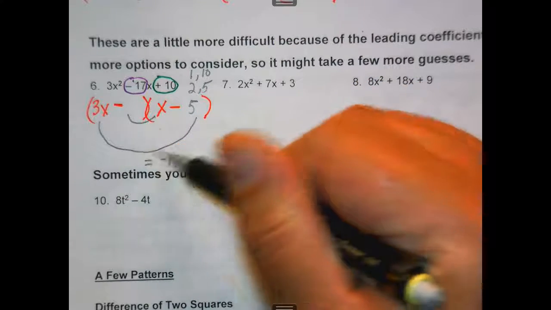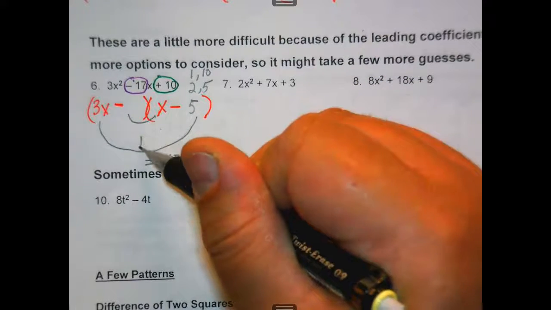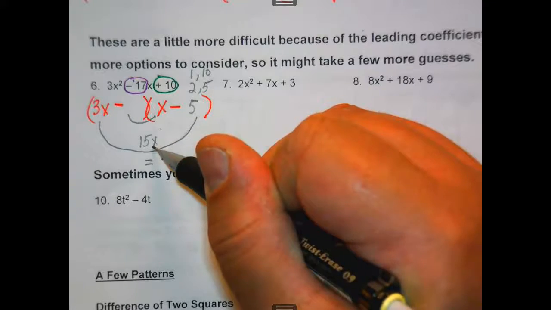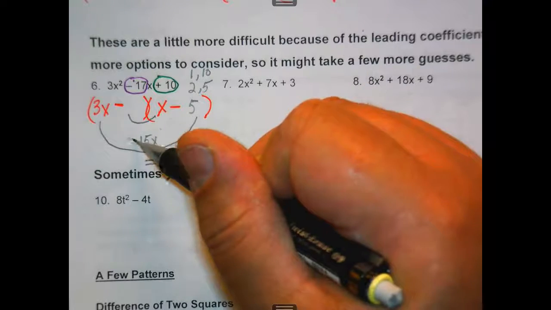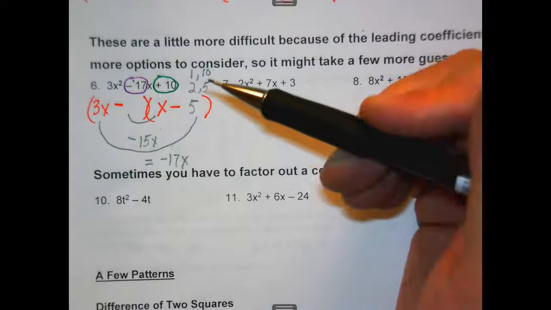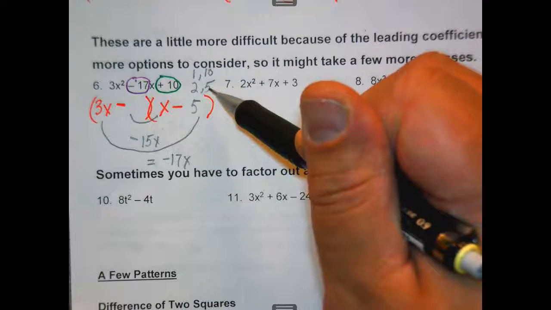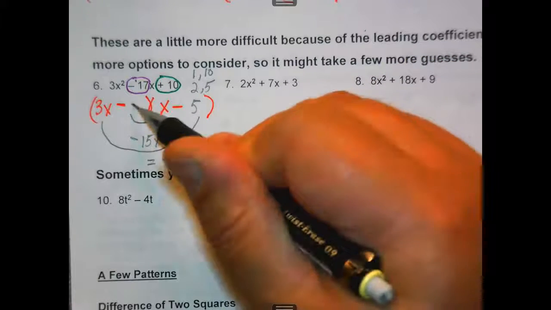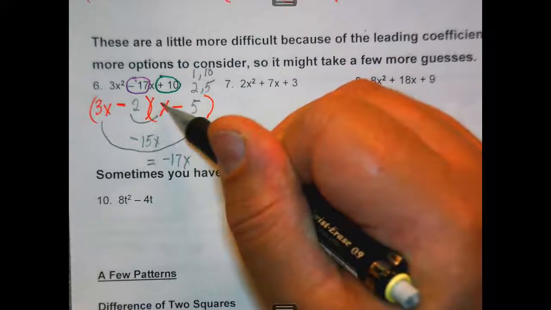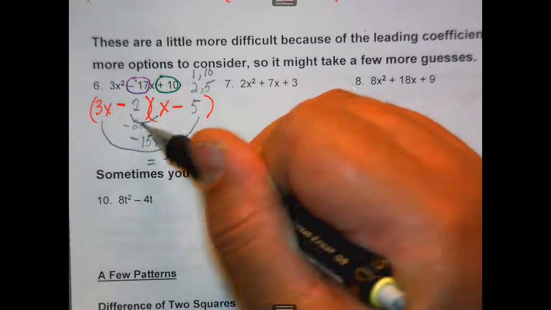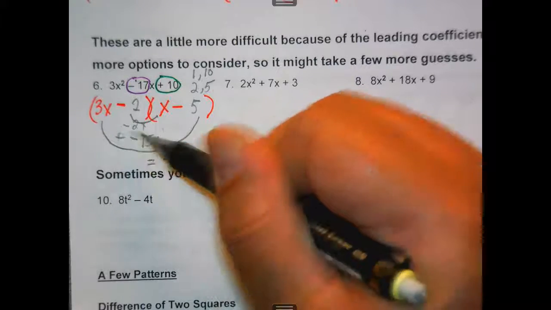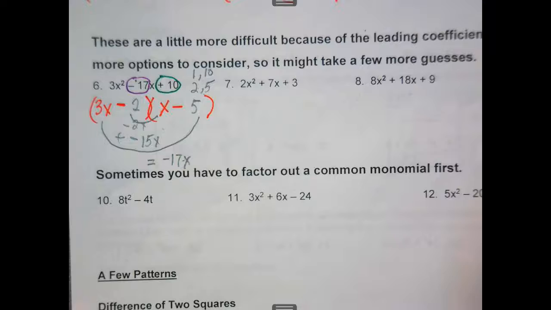So 3x times 5 is 15x, right? So it's a minus 15x, which means the 2 has to go there. 2 times x here is negative 2x. Negative 2x plus negative 15x gives me 17x, and I'm good to go.